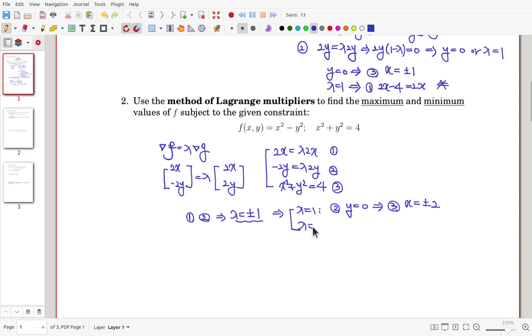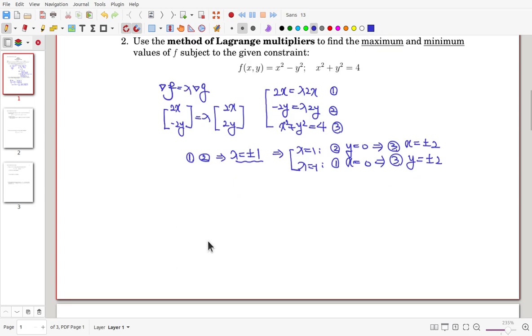Once lambda is minus 1, then from equation 1, x must be 0. That means from equation 3, y must be plus minus 2. So we have 4 points.